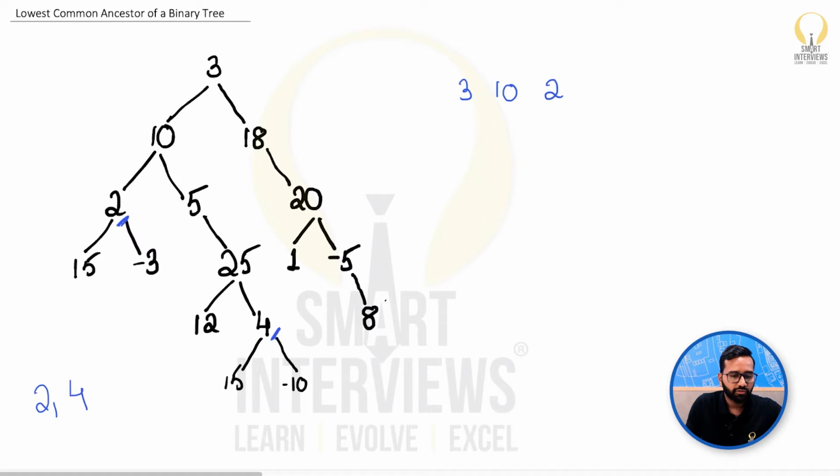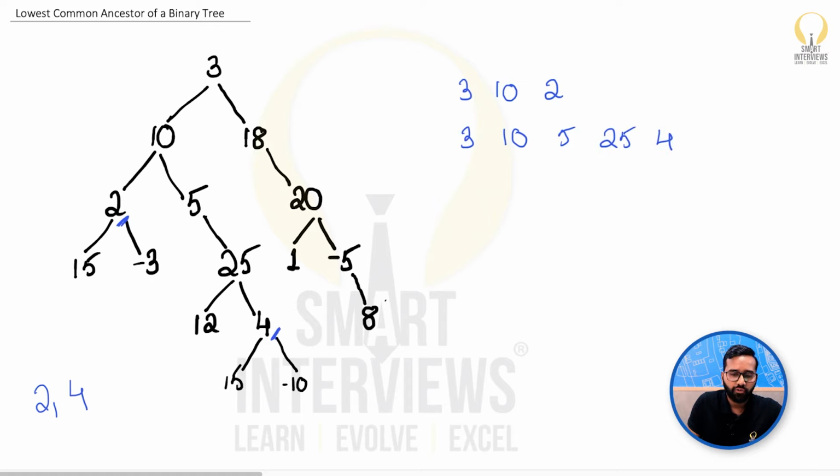If you look at the nodes from root node to the node 4, you will see that the nodes are 3, 10, 5, 25 and 4.